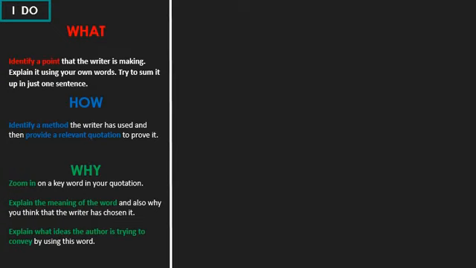And then you're going to zoom in on a key word in your quotation, explain the meaning behind the word and also why you think the writer has chosen it, and explain what ideas the author is trying to convey by using this word. Okay, so I want you to have a go at doing one really detailed paragraph answering this key question, okay? And we'll have a look over these next lesson and then continue with looking at question 4.